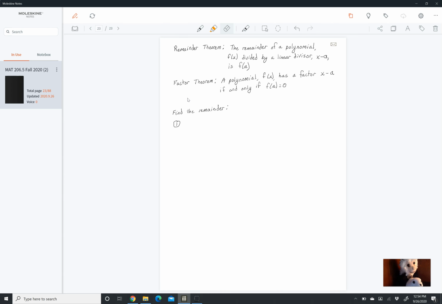So let's take that first example again: x cubed minus 3x squared minus 10x plus 24, and we're going to divide by x minus 2. If it says find the remainder using the remainder theorem, then you have to do it this way. So, using the remainder theorem.